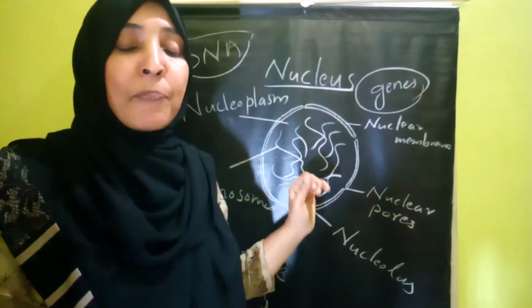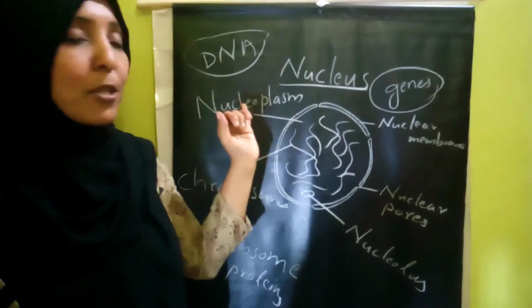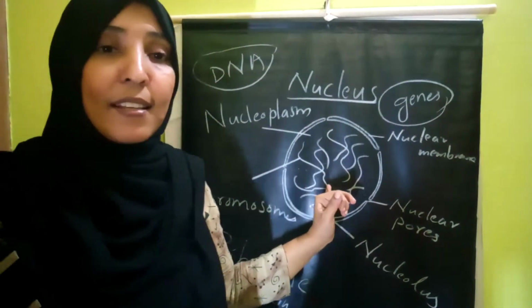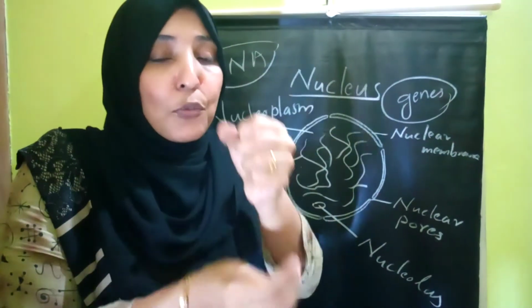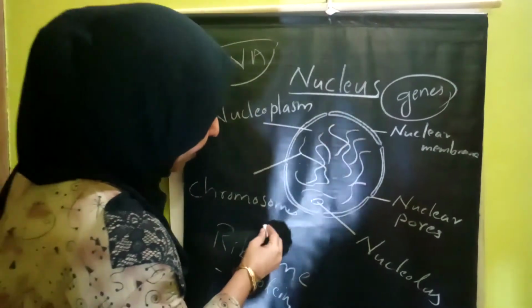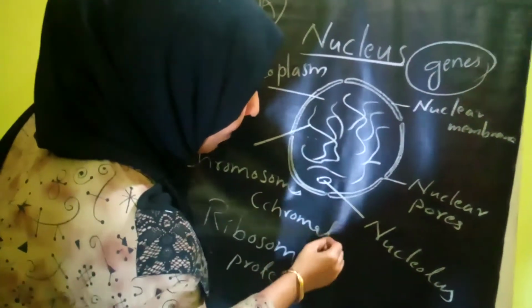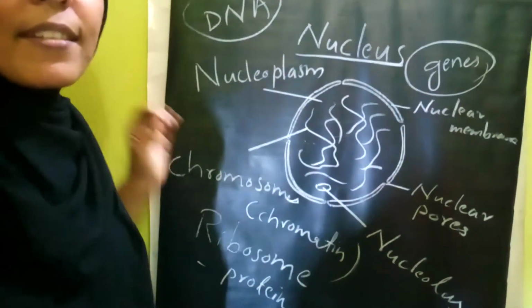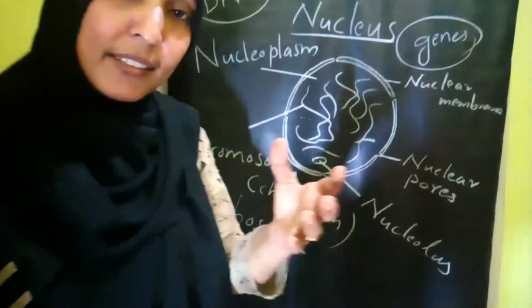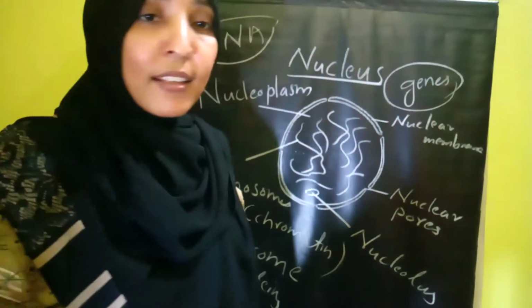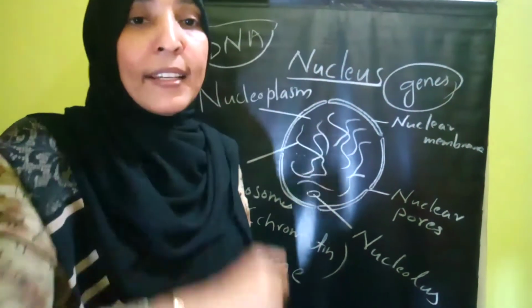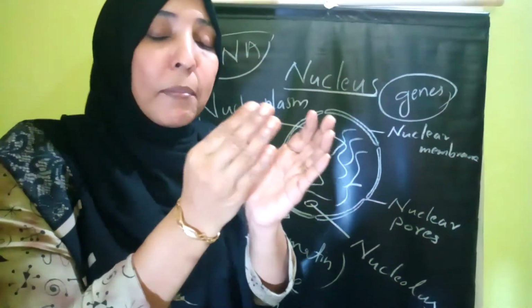The chromosomes generally aggregate to form a thread called chromatin. A collection of chromosomes is known as chromatin. A chromatin thread is usually a short thread made up of a number of chromosomes.